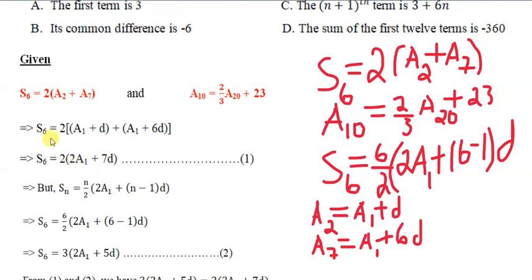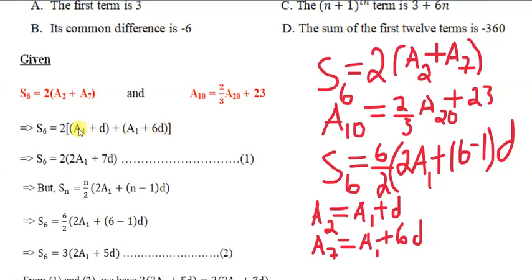Now, replace A2 by this expression, A1 plus d. Similarly, replace A7 by this expression, A1 plus 6d. Then add similar terms. A1 and A1 are similar terms, and d and 6d are also similar terms.